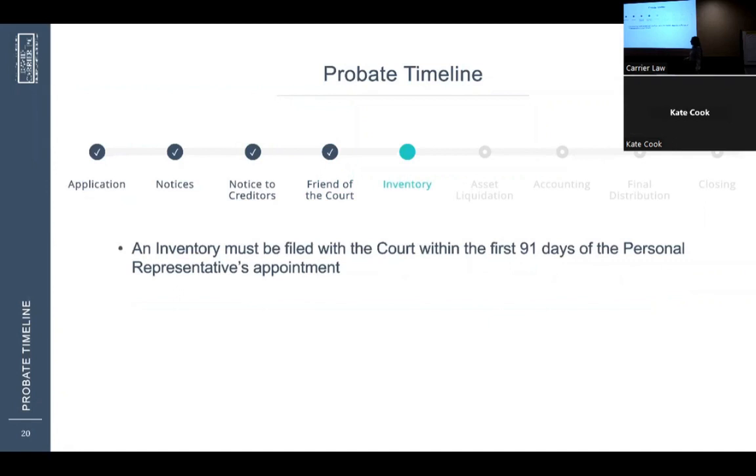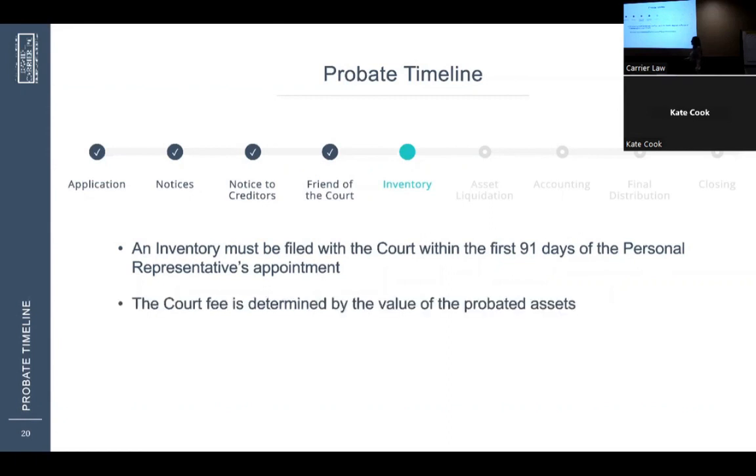Just like we do in trust administration, we put together an inventory for the estate. Again, this just lists all of the property that is subject to the estate and their value as of the decedent's date of passing. We file this inventory with the court, and that must be filed within 91 days after appointing a personal representative.